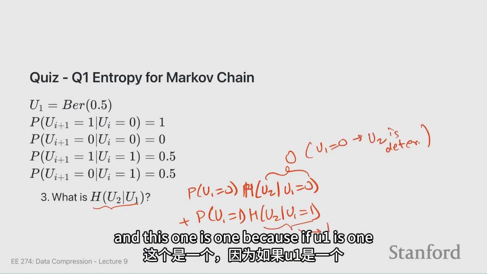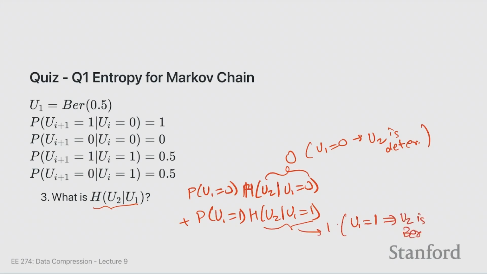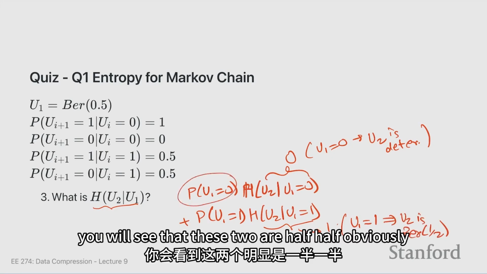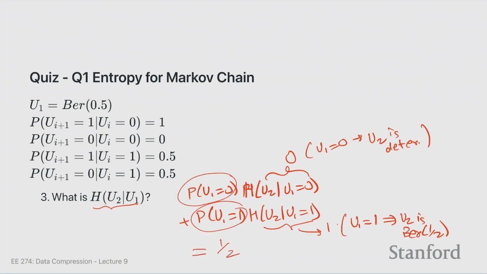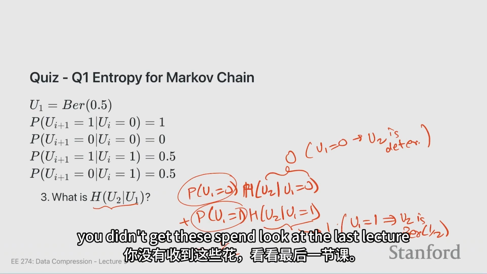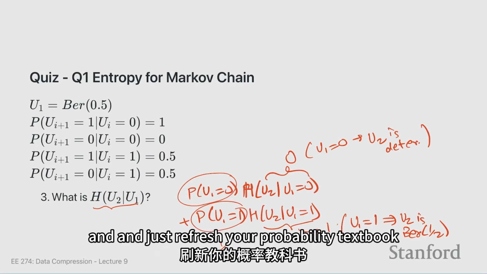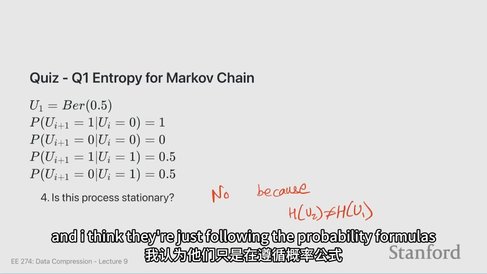And this one is 1, because if U1 is 1, then U2 is Bernoulli half. After you do the computation, you will see that these two are half obviously, so this will be half. If by any chance you didn't get these, look at the last lecture, we did an example, and just refresh your probability textbook, since these just follow the probability formulas.